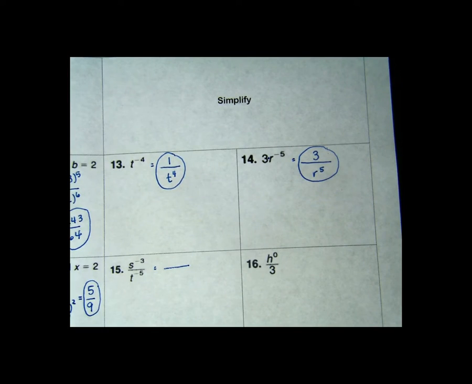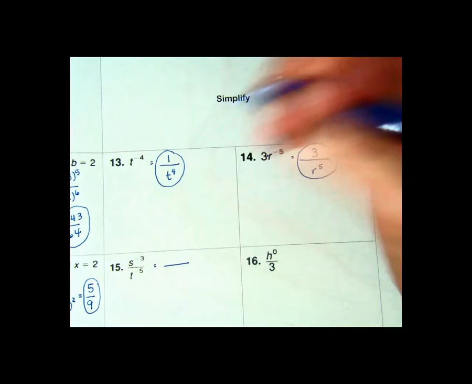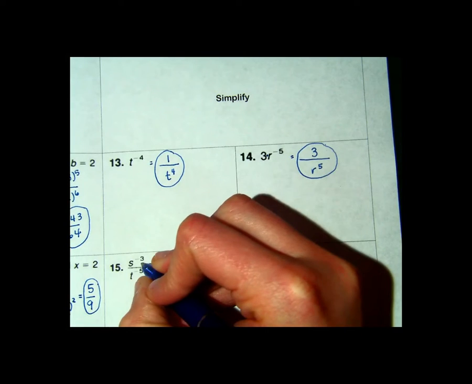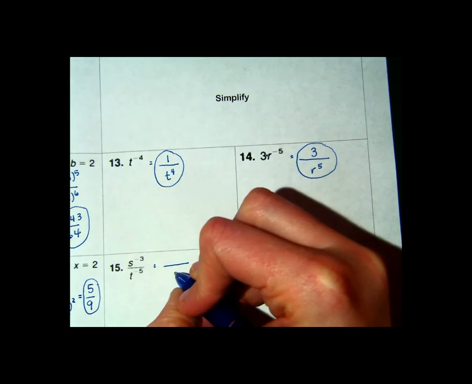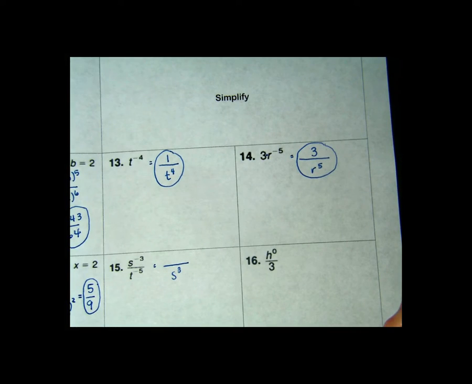I like to always start by going ahead and putting a fraction bar. I might not end up using it and I might have to erase it, but 15. This is something we haven't necessarily seen before. That's okay, we can fix that. I have s to the negative 3. S does have a negative exponent directly with it, so it is currently in the numerator. It needs to change positions and go to the denominator so that the 3 can be positive.